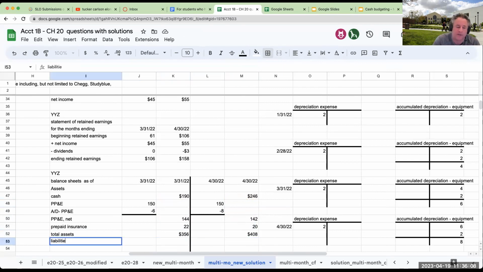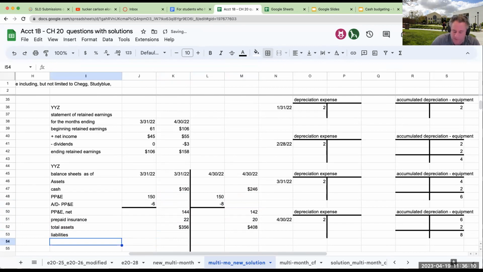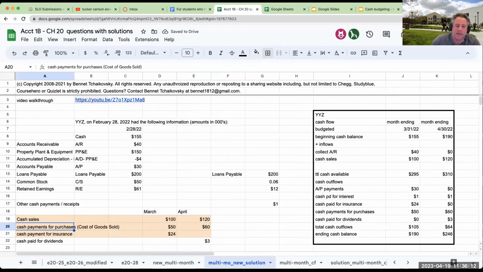I've got liabilities. What are my liabilities? Well, the accounts payable was already gone through and had been collected. So over here, you've got accounts payable being collected at 30. That balance went down to 0 because I showed that as a disbursement.